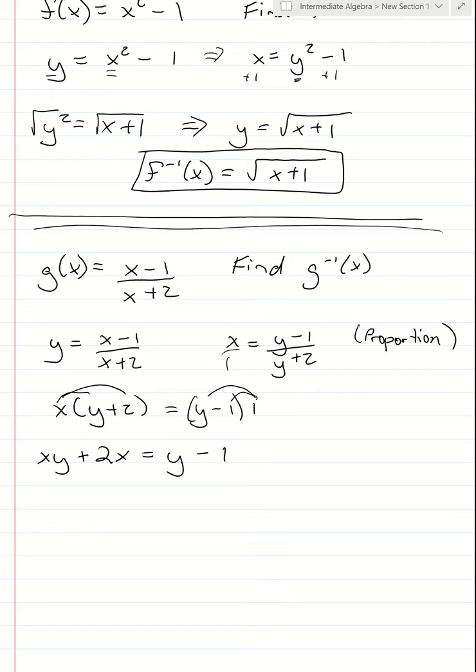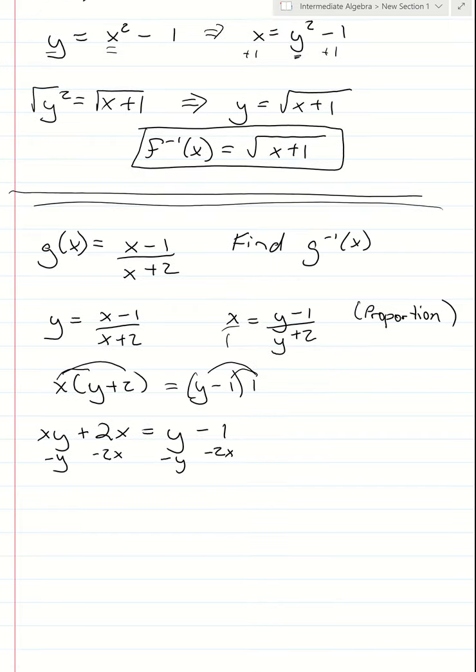Now remember, our goal is to solve for y. Now the dilemma here is that we have a y, variable y, on both sides of the equation. So what we're going to have to do is get anything with a y variable on one side. Anything without a y variable, we will move over to the other. In which case, I am going to subtract the 2x on both sides, as well as I will subtract y on both sides.